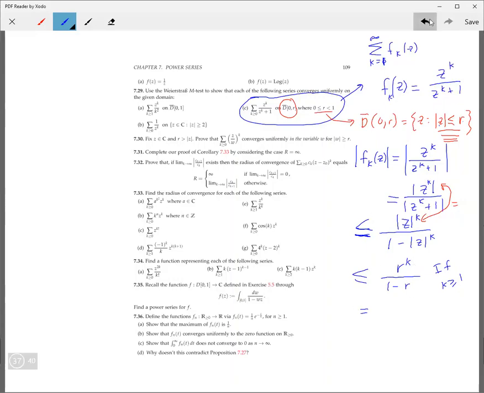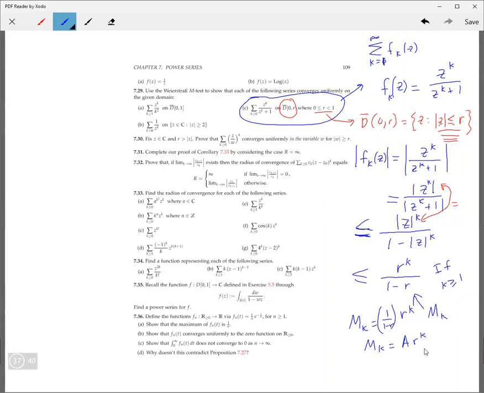Now, the other part of the Weierstrass test, so this right here is going to be our M_k's. And I'm just going to factor 1 minus r out, because this is just a constant. So basically, you think of it this way: this is just a constant, so think of it as some constant times r to the k.